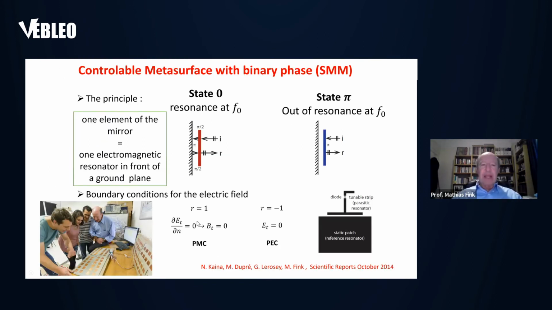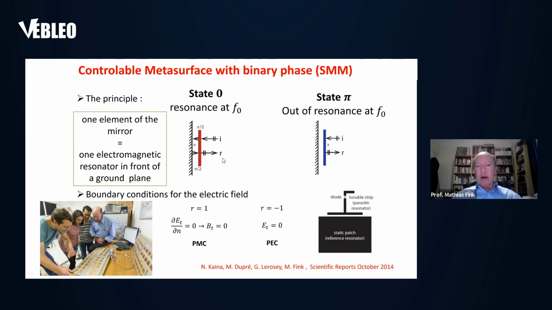How to make a mirror that can be a two-phase mirror? It is very simple. We take a piece of epoxy, and this is for electromagnetic waves, and we put on this mirror that you see here, every λ/2, if we work at 2.4 gigahertz, it is 6 centimeters λ/2, a small resonator, an electromagnetic resonator, a flat resonator.